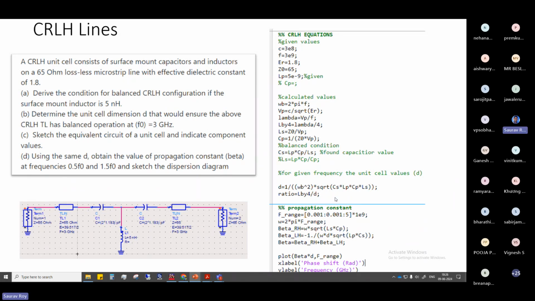Then once this is known, the other constant you have to find out is d. What is d? d is the length of the unit cell. This is the length of the transmission line sections you are using, right?